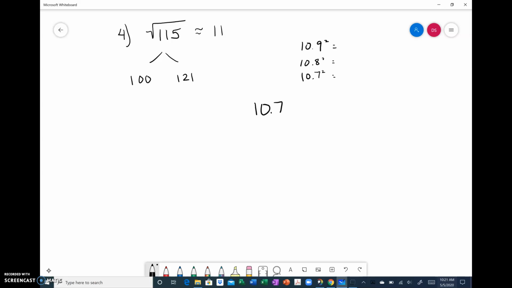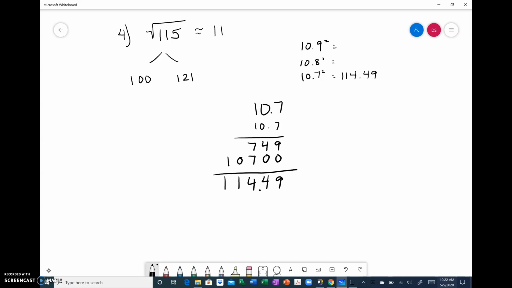10.7 squared. I'm going to just do 2 zeros and come over here. All right, 9, 4, 4, 1, 1, 2 decimal points. So 10.7 squared is 114.49.